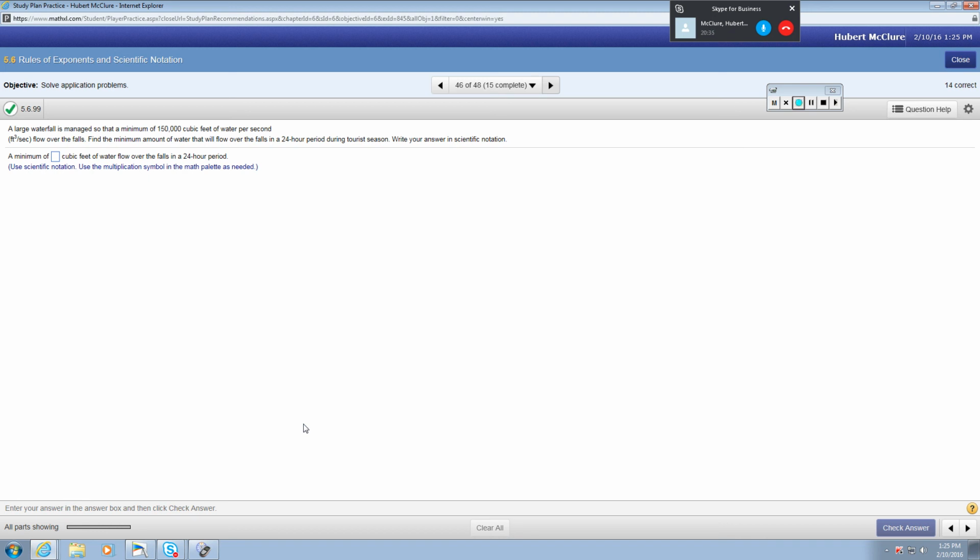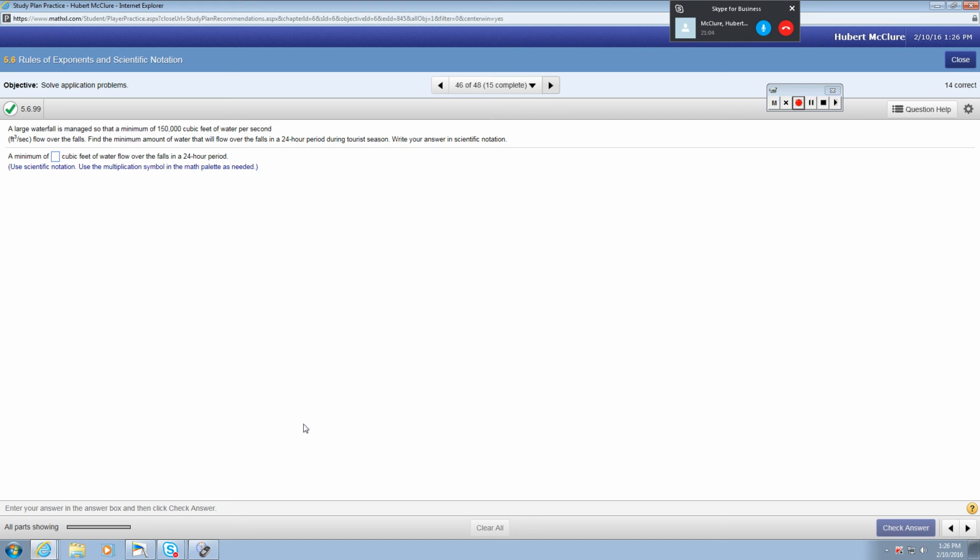So you've got about 7 swimming pools going over that waterfall in a second. Okay? Find the minimum amount of water that will flow over the falls in a 24-hour period.